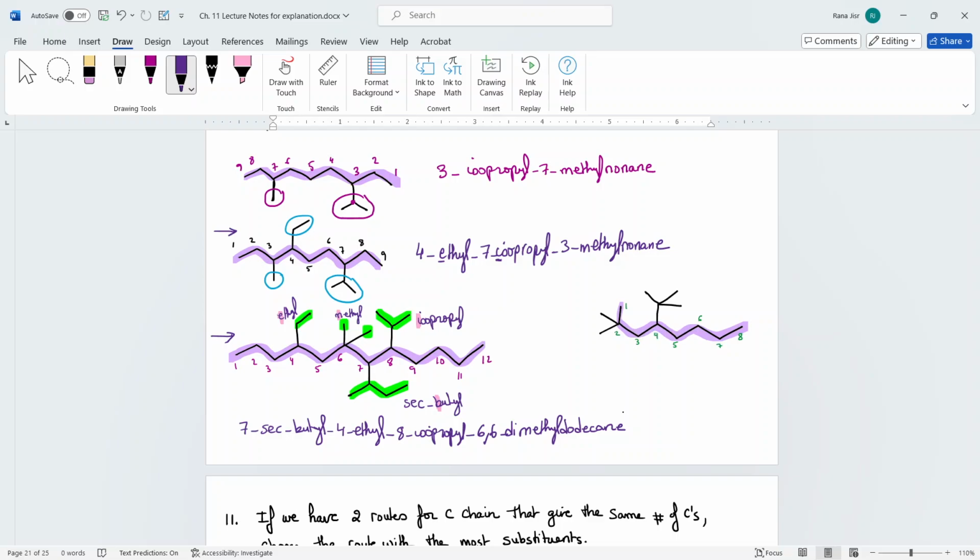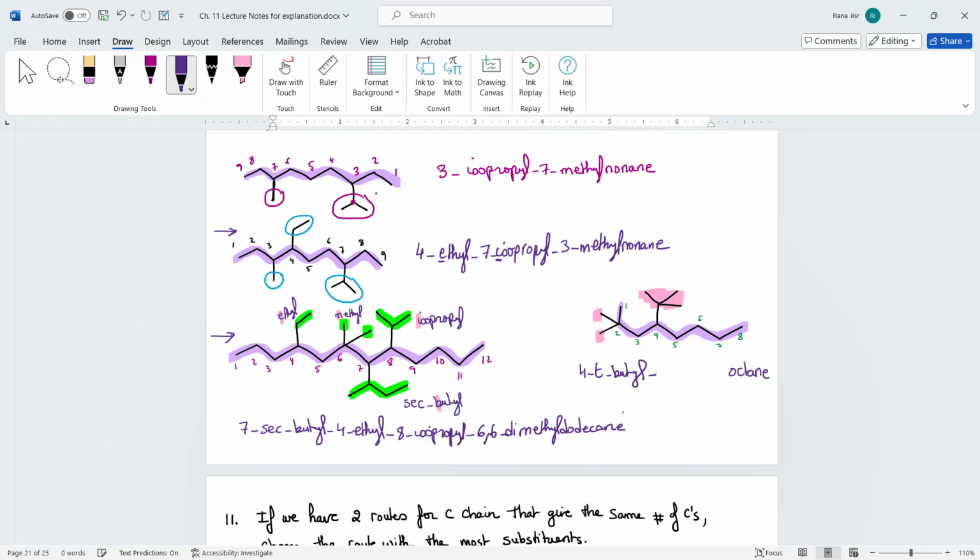This is an 8 carbon chain, so the ending is going to be octane at the end. And then I have over here my tertiary butyl, and I have my 2 methyls in there. T is not part of the name, so I need to look at the butyl, and that is going to be 4 tertiary butyl because butyl comes first.